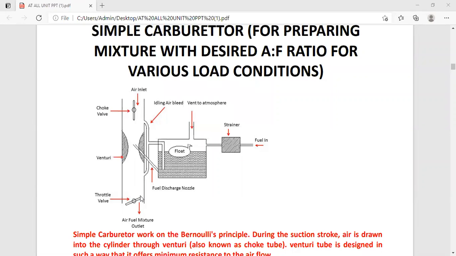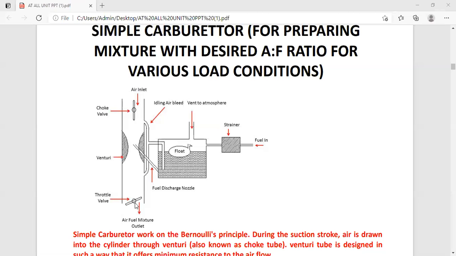So we are using this choke wall at the starting, as I have discussed in the previous diagram, what kind of improvement is required. At starting condition, as air is flowing at maximum over here, pressure differentiation is prepared, and at starting condition a richer mixture will be supplied, okay? So that's why we have provided this choke wall.